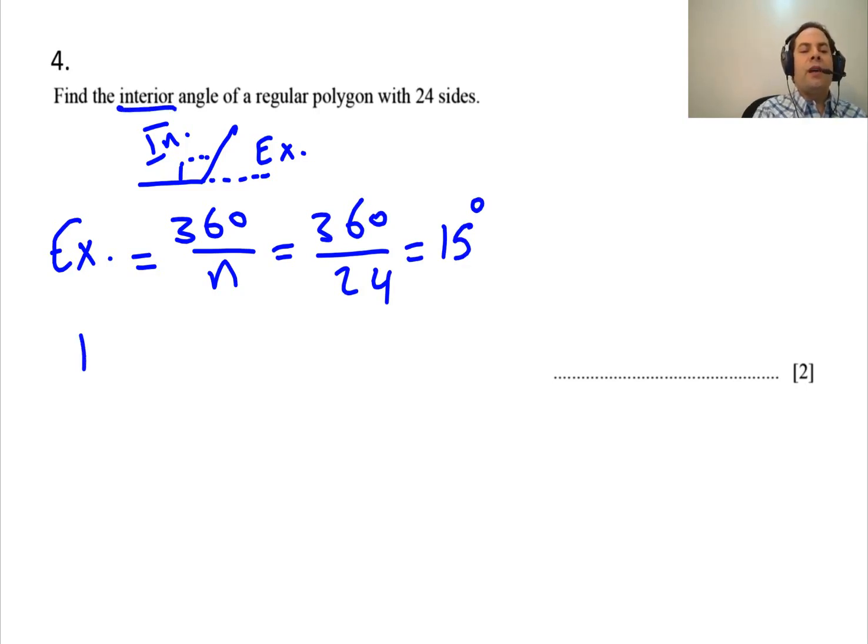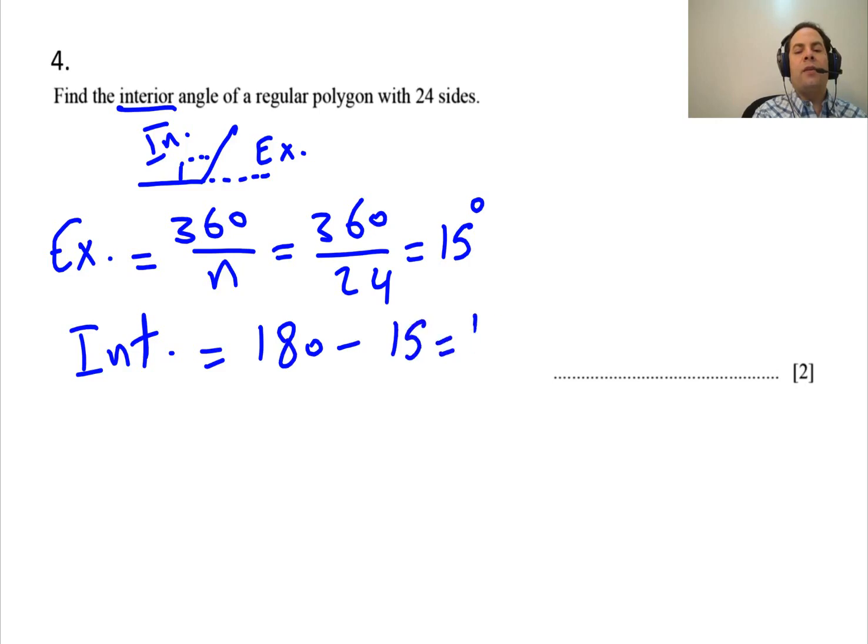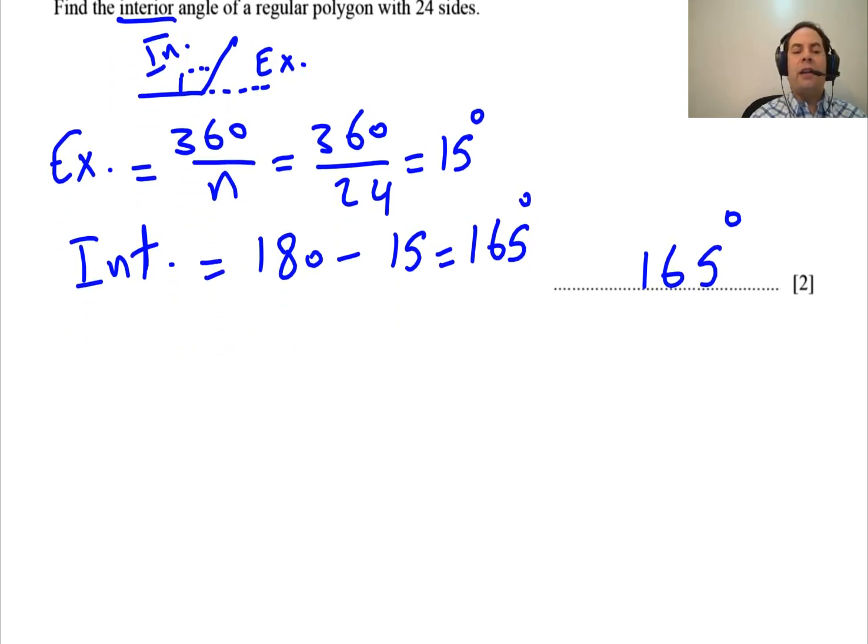So the interior angle is equal to 180 minus this answer. 180 minus 15, the answer is 165. So the answer is 165 degrees. You can also find the answer by getting the interior angle directly. How?